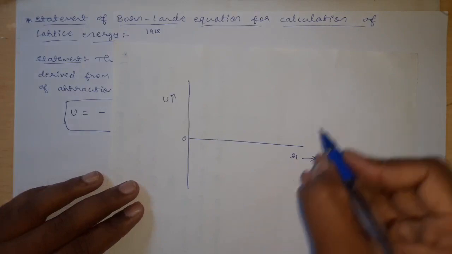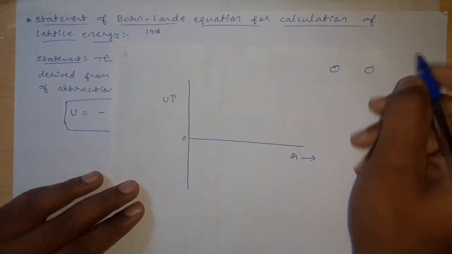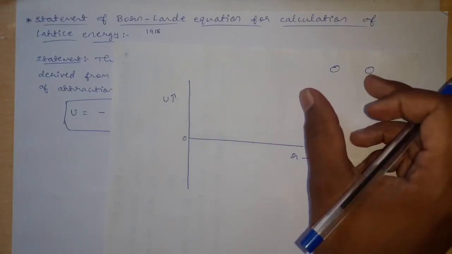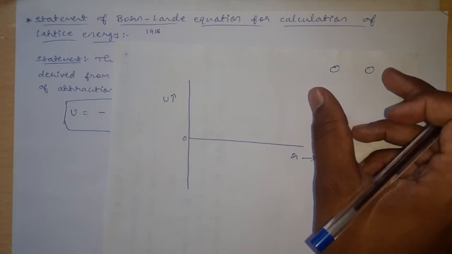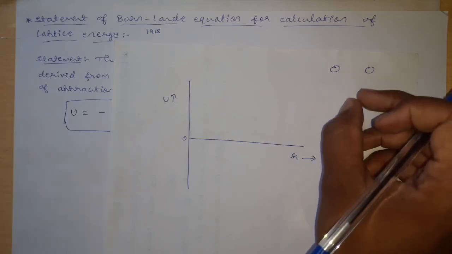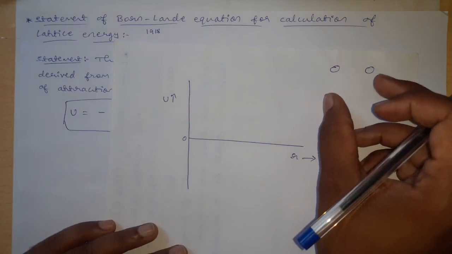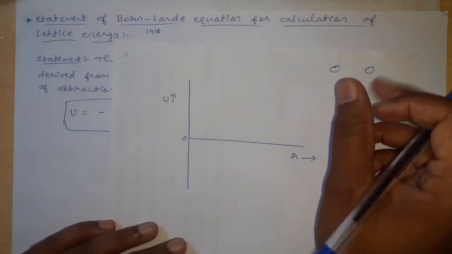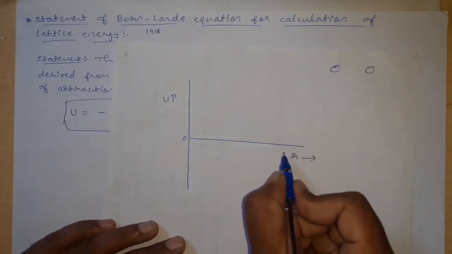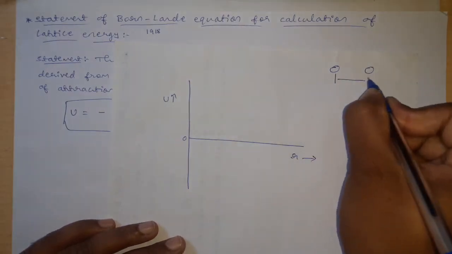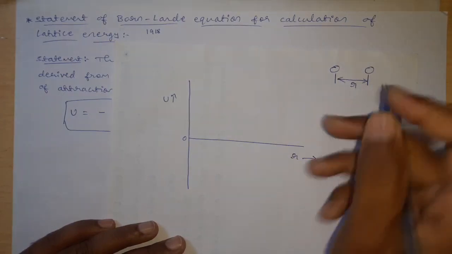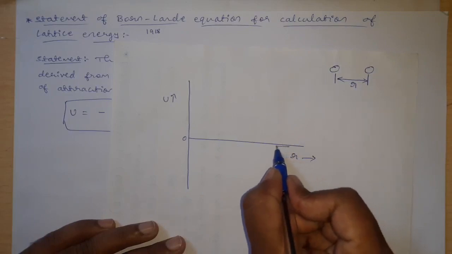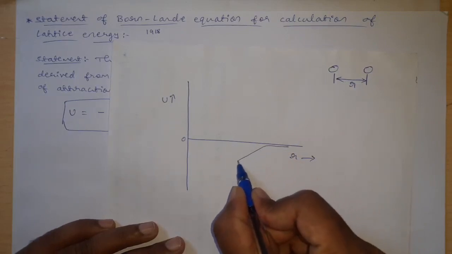When two combining atoms are brought from infinity close to each other, first they attract, meaning their energy goes on decreasing as the internuclear distance r decreases.